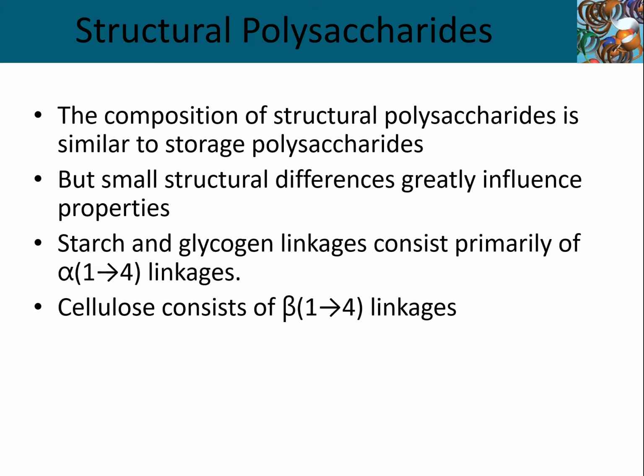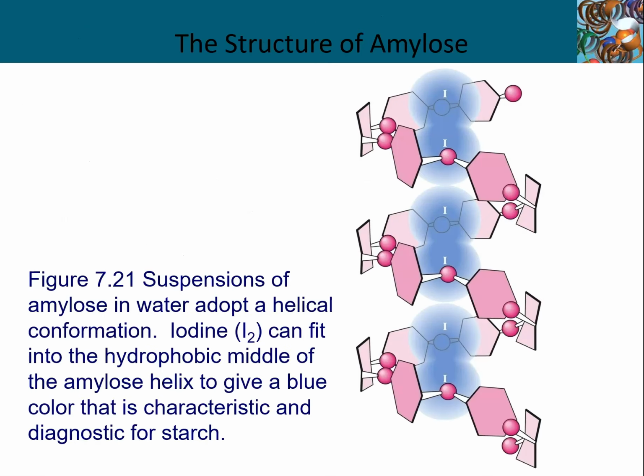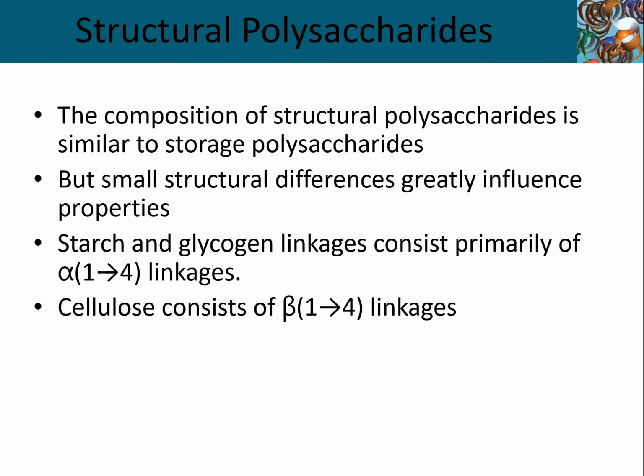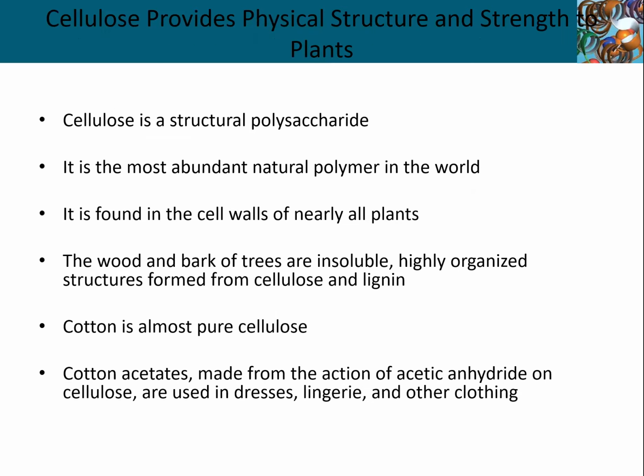So let me see if I can zip back. Here we go. This curved structure is because of the type of linkage between anomeric carbons. We have an alpha-1,4 linkage, which gives the kink to the structure. Cellulose is a beta-1,4 linkage, and this creates long linear structures.